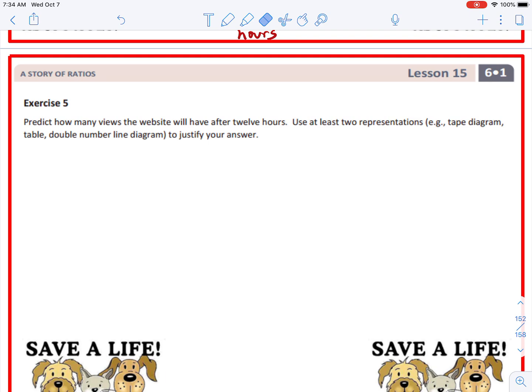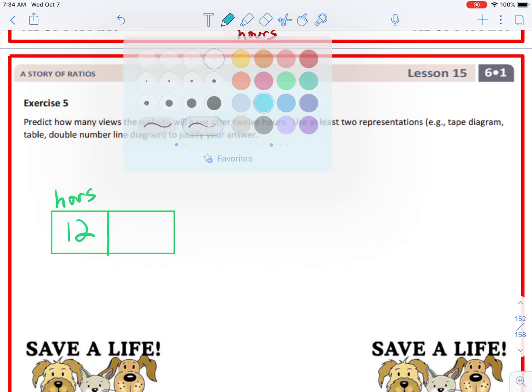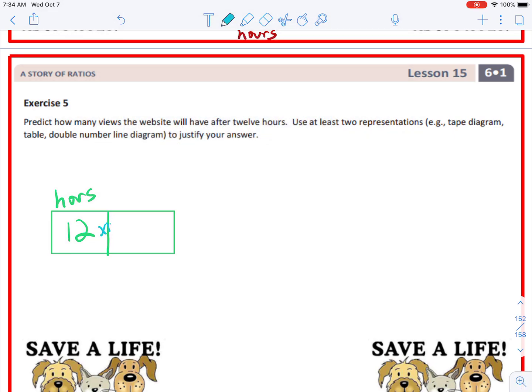Well, if we just extended our table and made a 12th row, if I had 12 hours, and remember our rule was multiply H by 12, we would figure out 12 times 12, and that would be 144. So we can remember our rule and just figure out what we have to multiply hours by to get the number of views.